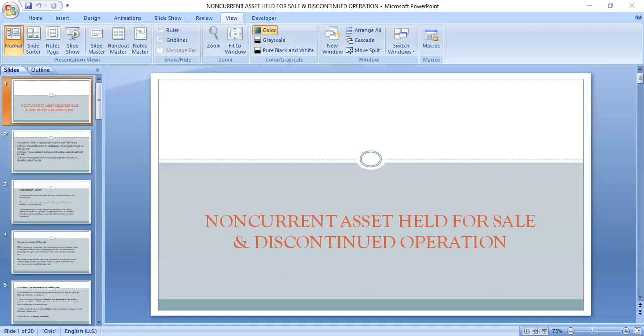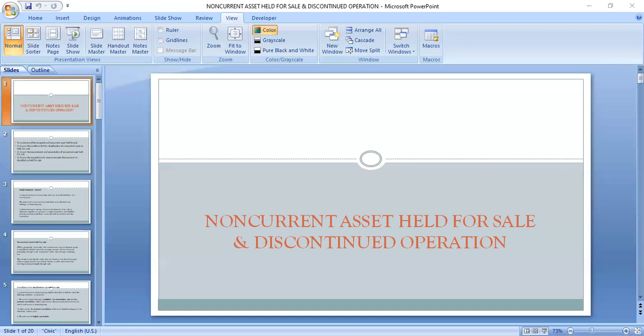Assets classified as non-current in accordance with PAS 1 shall be reclassified as current assets until they meet the criteria to be classified as held for sale. Simply stated, a non-current asset that's already classified as held for sale shall be presented separately as current asset.